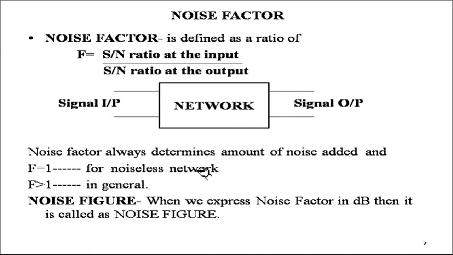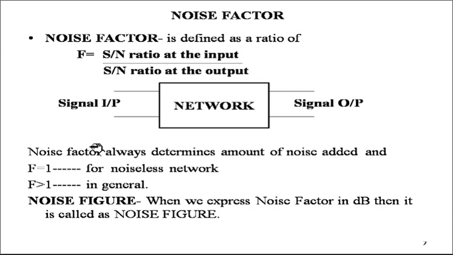Noise factor always determines the amount of noise added. When F, that is noise factor, is equal to 1, at that time the network is assumed as a noiseless network, whereas if noise factor is greater than 1, then it is a general network.